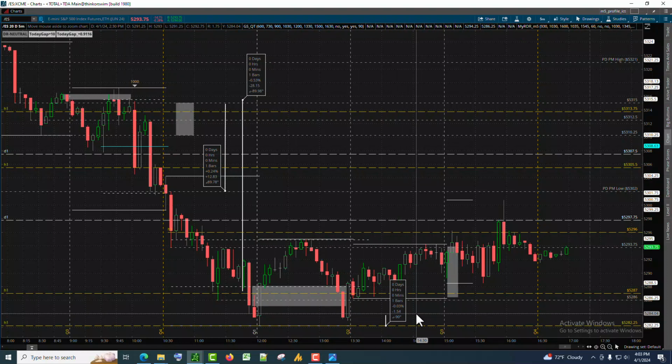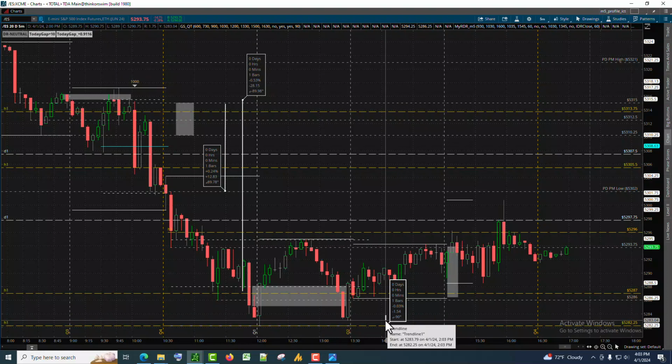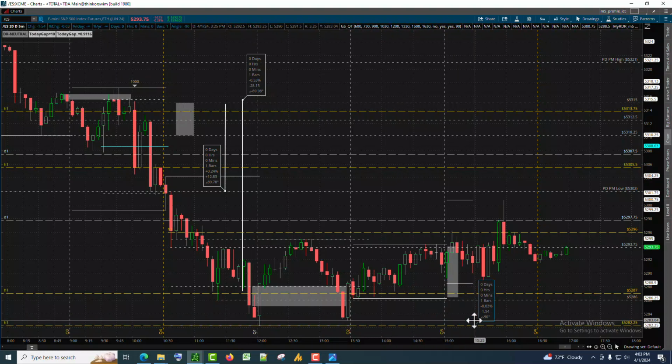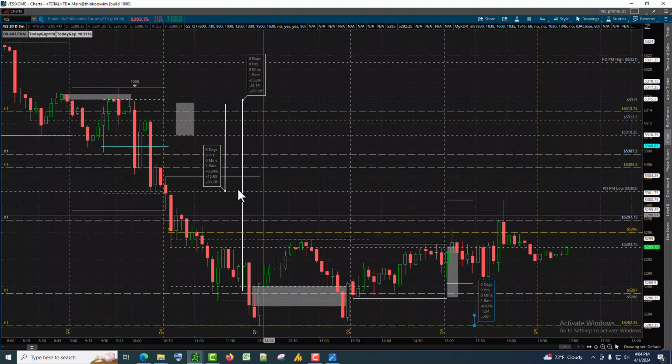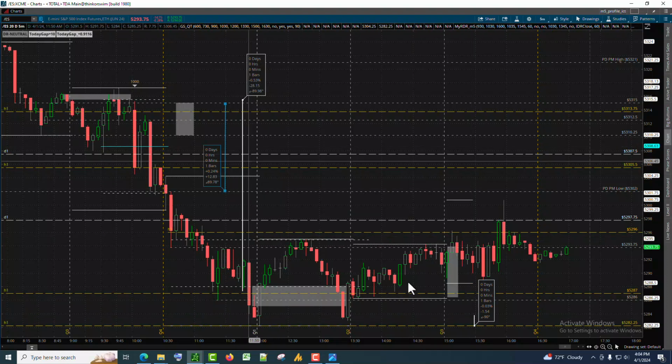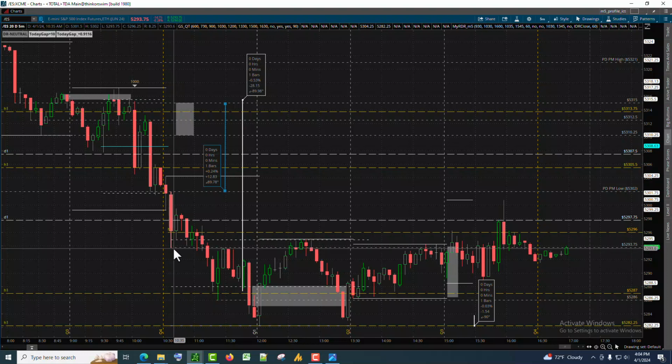Right. So we risk almost $2, and let's see how much we get. And our target is going to be this level. All the sell-side liquidity of this level, but let's go for this level for now.